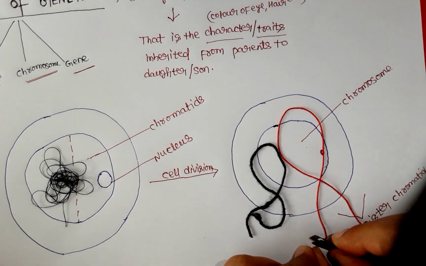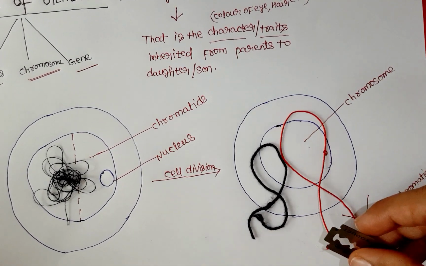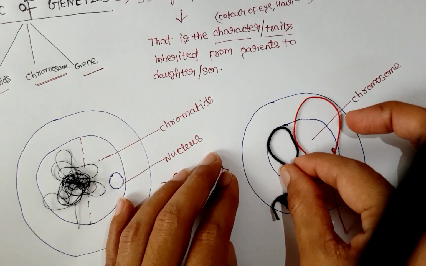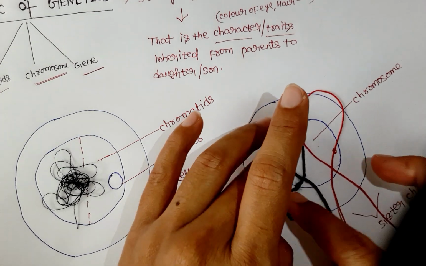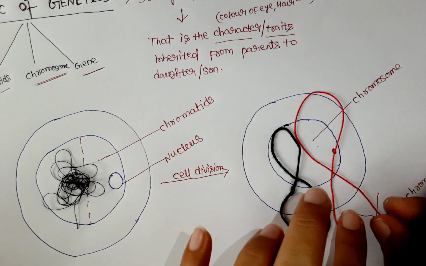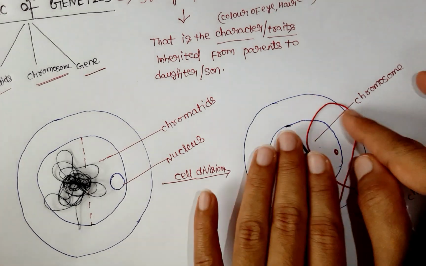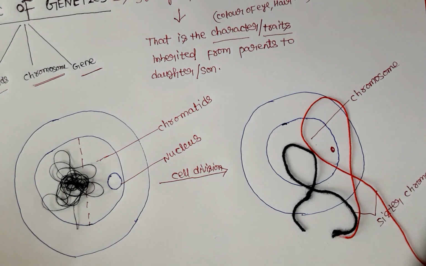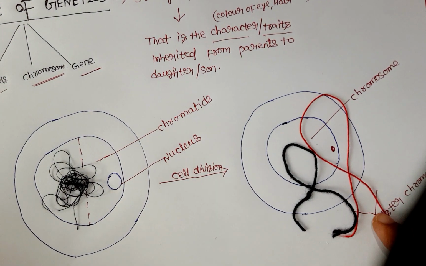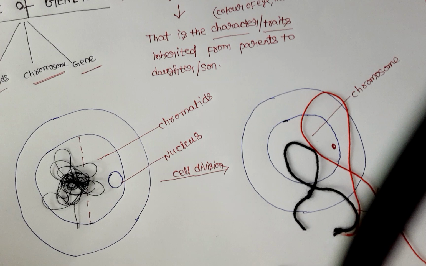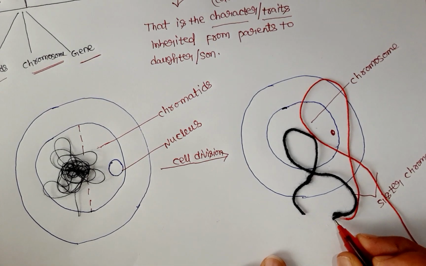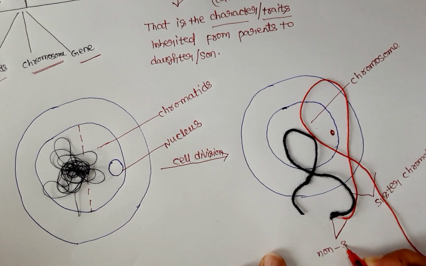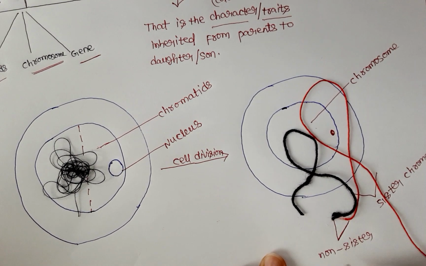Sorry, this is not another pair, this is another chromosome. So that makes both pairs. So those are sister chromatids, and when we show this black and this red, those are non-sister chromatids.